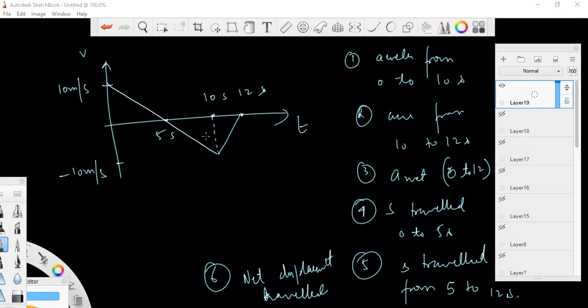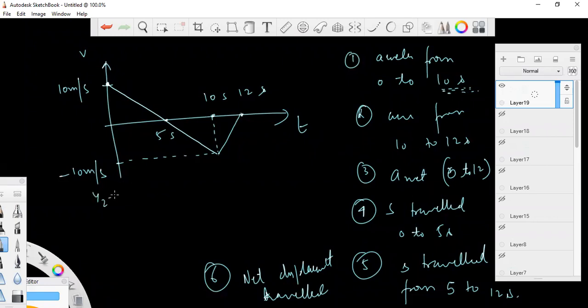Because the line is linear, I can say the velocity is decreasing linearly from 0 to 10. To find acceleration using the VT graph, should I find the slope or the area? Slope, right? What will be my slope here?